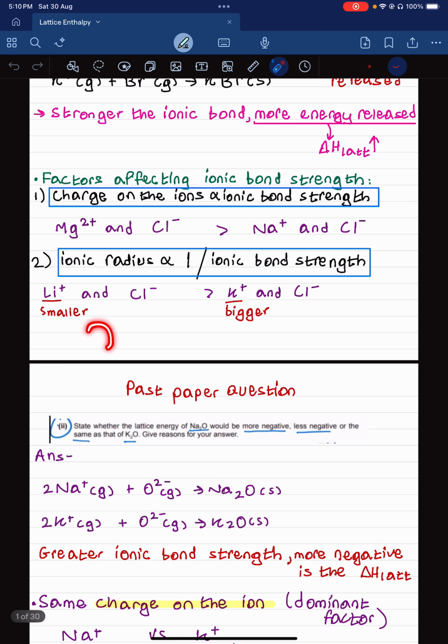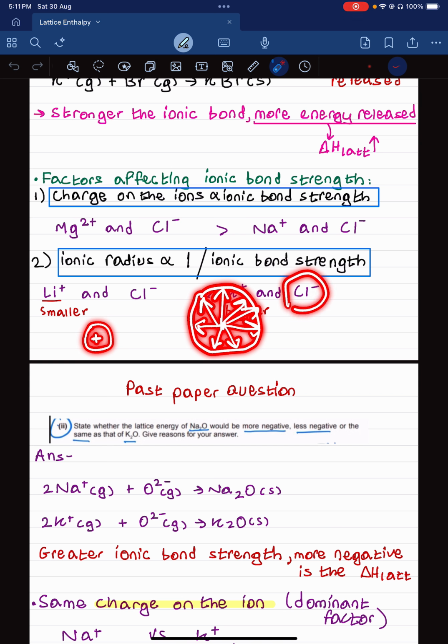Let's say I have a lithium ion here and I have a potassium ion here. Both of these have a plus one charge. The thing is, for a potassium ion, the plus one charge is spread over a larger area. Why? Because a potassium ion has a greater size. So because the charge is spread over a larger area, it is able to attract the chloride ions weakly.